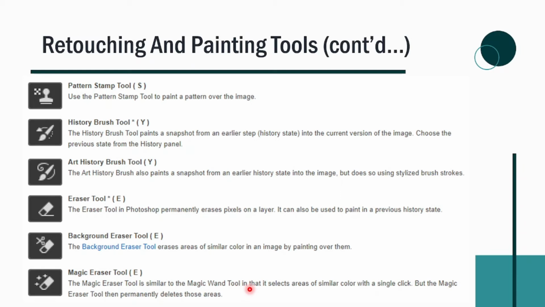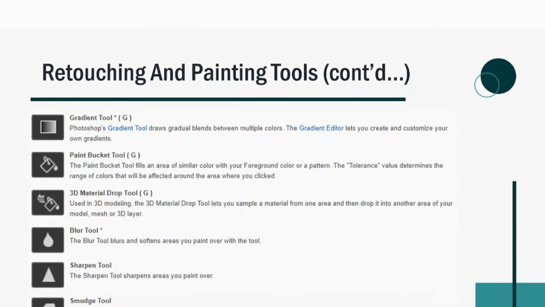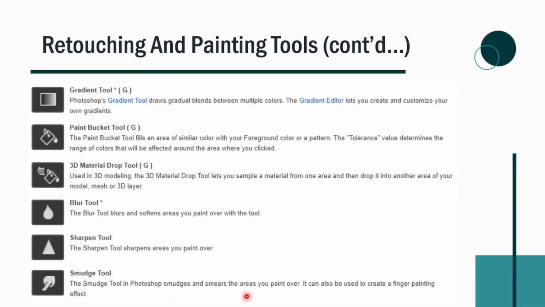Okay, so pareho lang siya function sa magic wand tool, that it selects areas of similar color with a single click. But the magic eraser tool then permanently deletes those areas. So that's the difference.